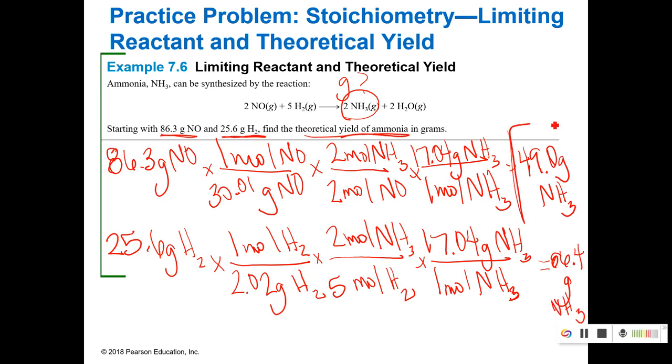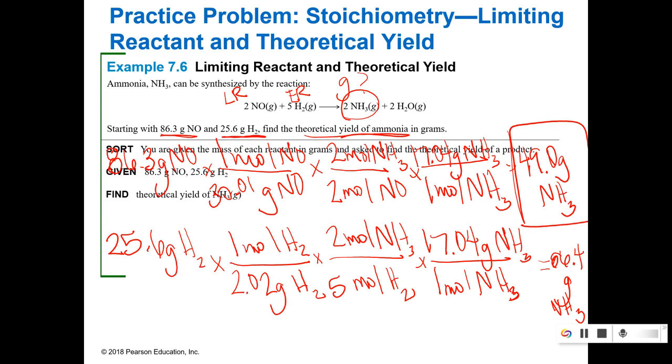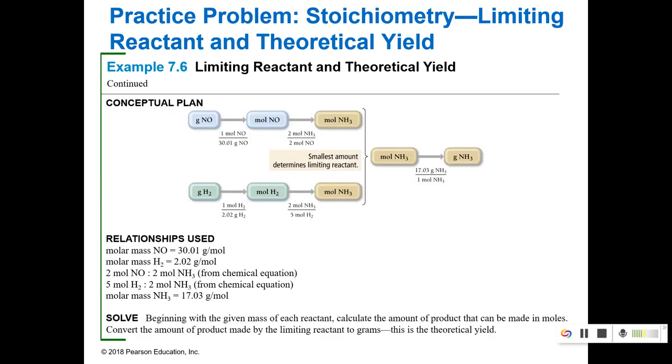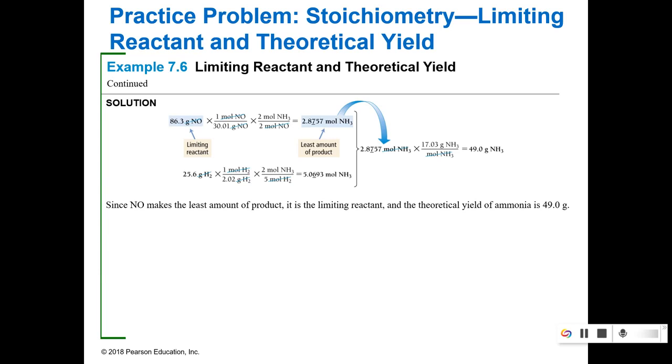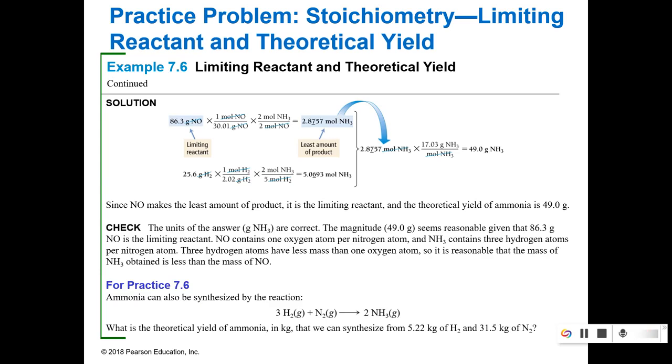My theoretical yield is always going to be my smaller one, which means my limiting reactant is NO, nitrogen monoxide. If they ask me for the excess reactant, that's hydrogen. So there we got 49.0 grams. If you want to do another one, you're more than welcome to try the next one.